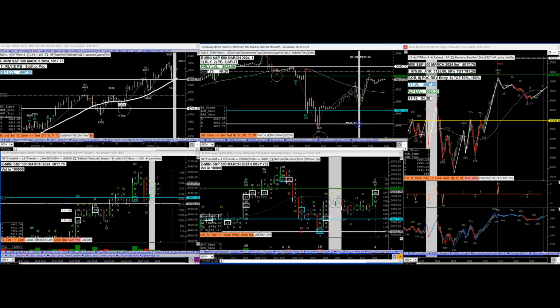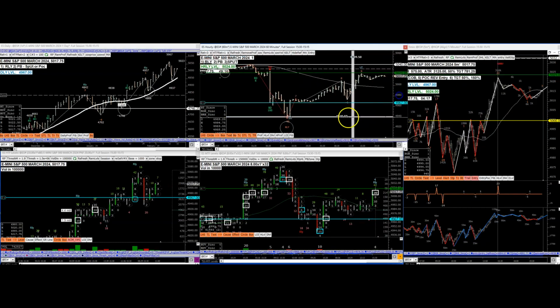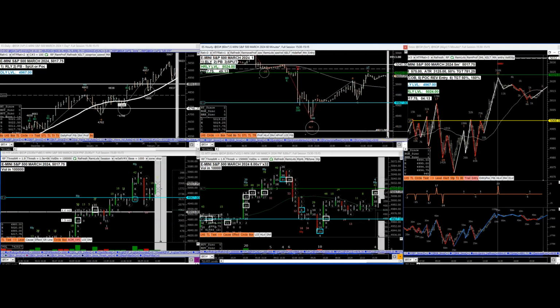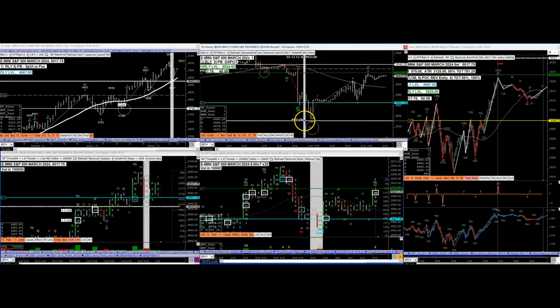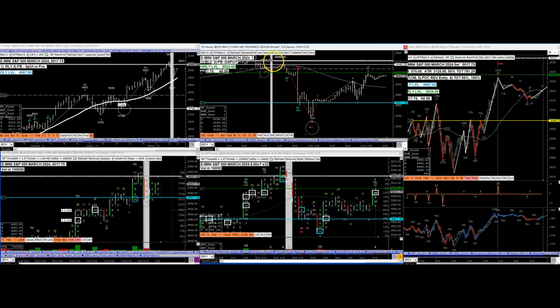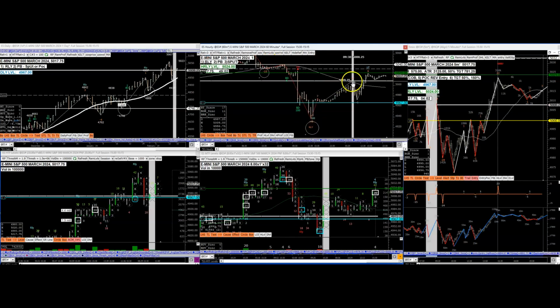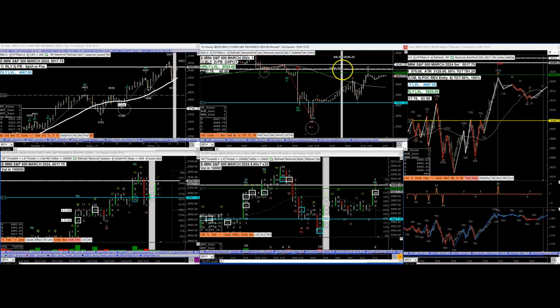All right. Now, what we're doing is we're trying to figure out if this thing is going to make another leg lower, because we have a very clear rally that goes down, and you have these retracements. Now you're probably wondering why these retracements are pulling back all the way.